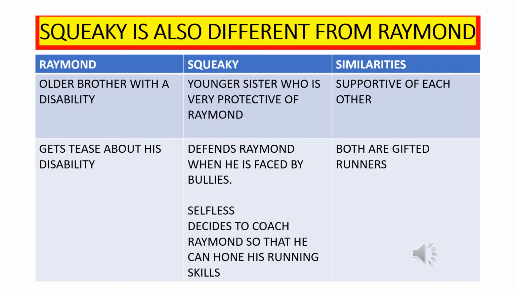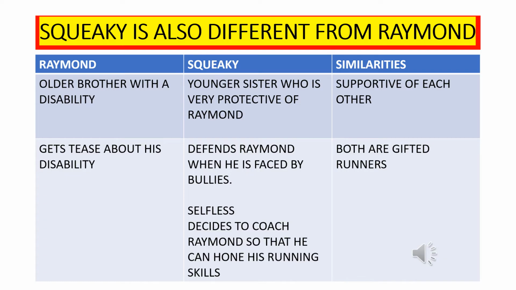Both are gifted runners. Squeaky is also very selfless. When she discovers that Raymond has these innate running abilities or talents, she decides to coach him so that he can own his running skills. And I think this was very selfless of her.